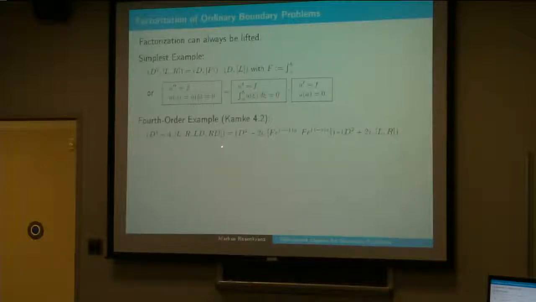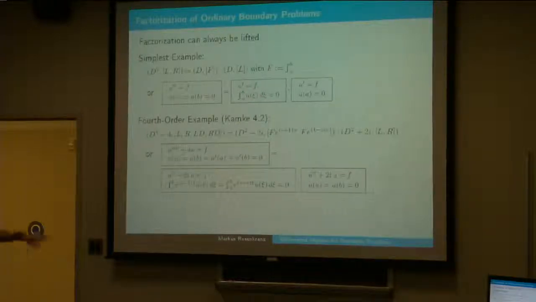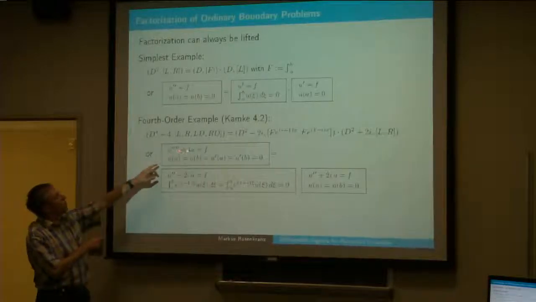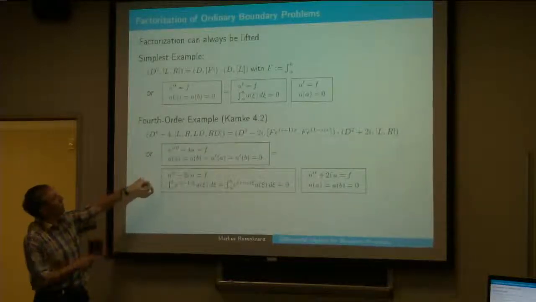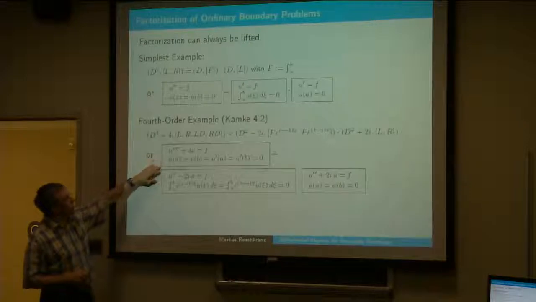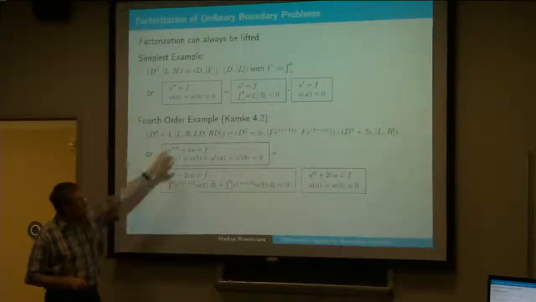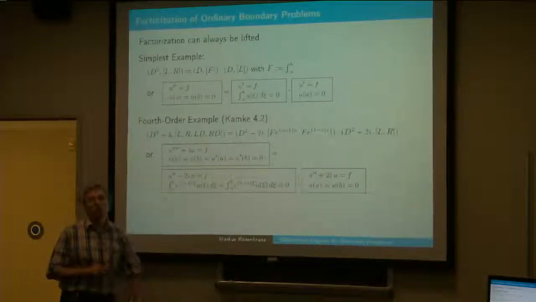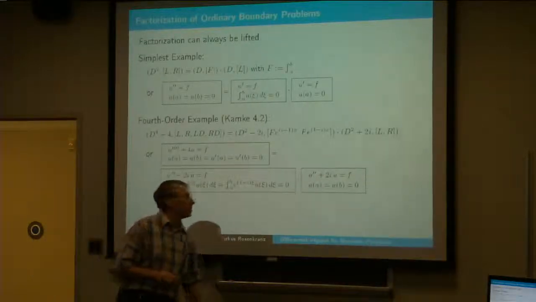Here's another example, just taken from Kamke's collection. I prefer to write it usually for presenting in this traditional notation. So u 4 prime plus 4u equals f, and 0 and first order conditions. And again, you see it's just a bit more complicated, but the principle is the same. On the left-hand side, you get global conditions for the left factor.